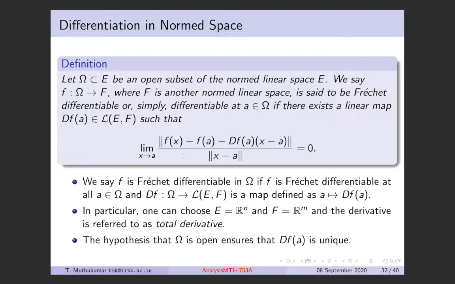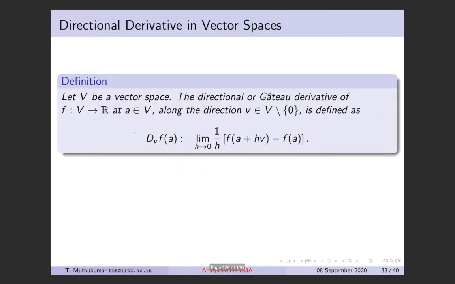But to give the notion of Gateau derivative for a real valued function, it's a function which is on a vector space and it's real valued. Say this vector space is over R only. Then when you say hv here, it has to make sense. So this vector space is over R, and you're looking at a real valued function.